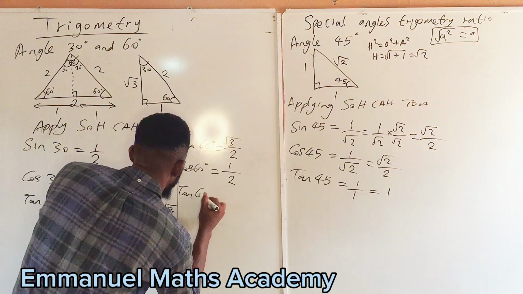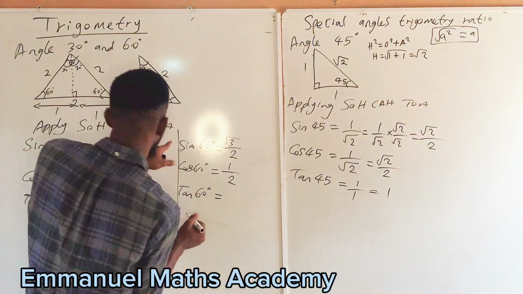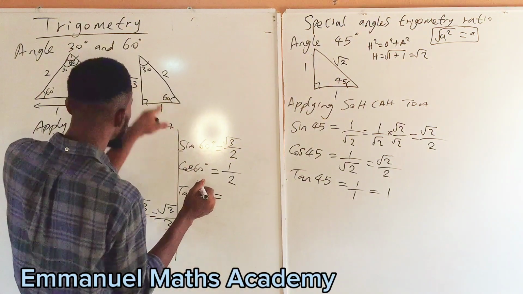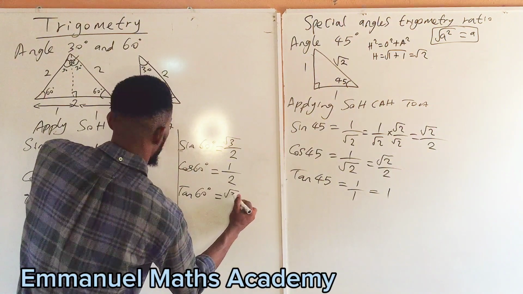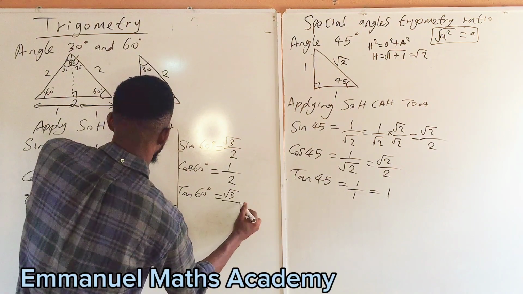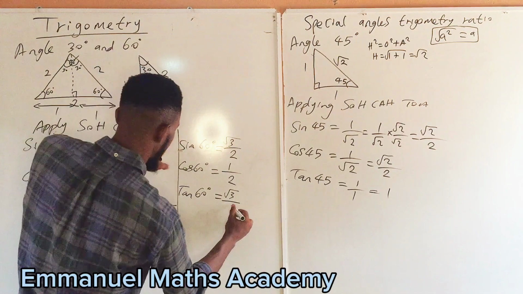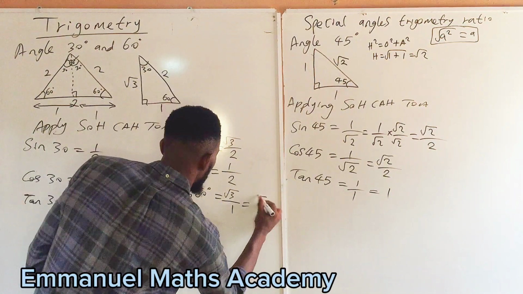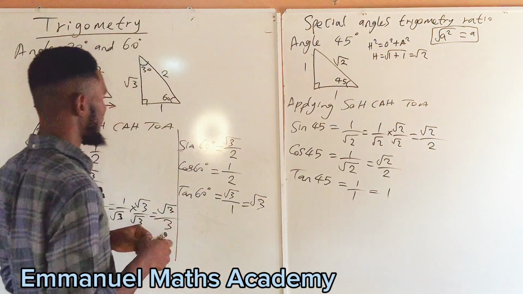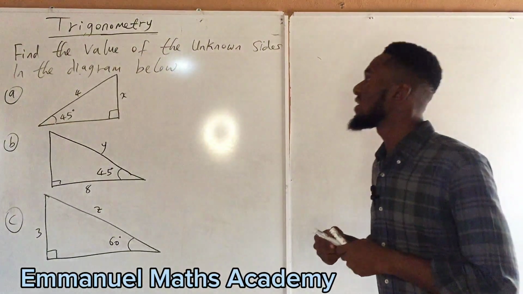Then tan 60 degrees is equal to opposite over adjacent, over 1, which is root 3.